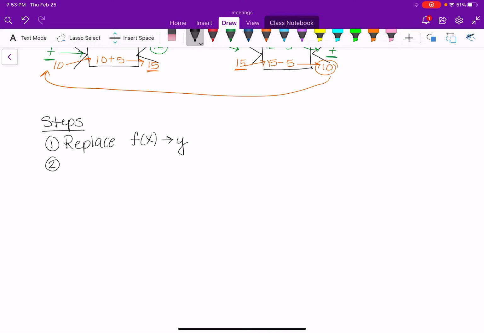The second thing we're going to do is switch x and y. Literally just switch them around in the equation. Wherever we see an x, we're going to place y, and wherever we see a y, we're going to replace it with an x. The third thing we're going to do is solve the equation for y.